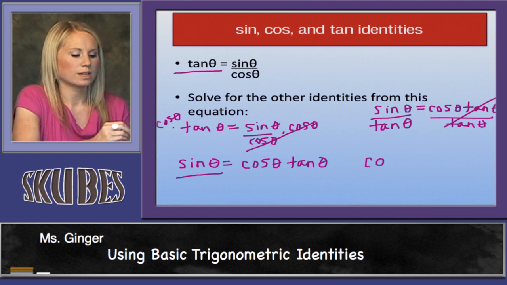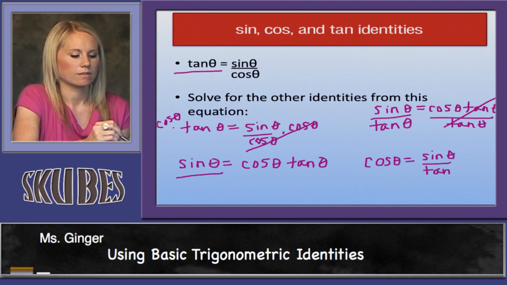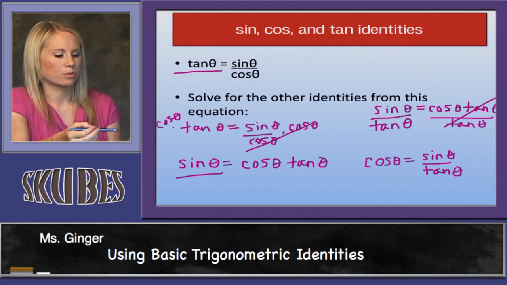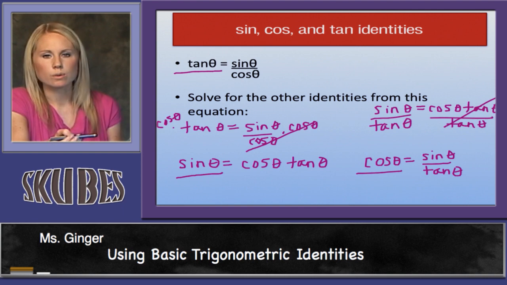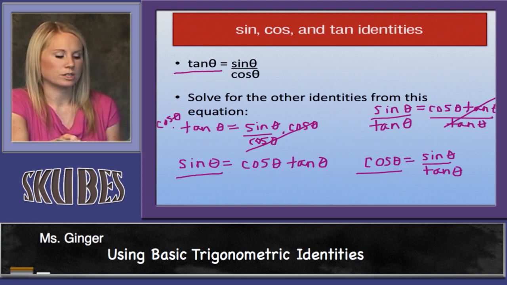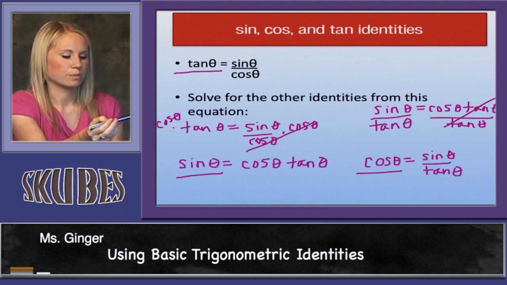So rewriting, cosine theta equals sine theta over tan theta. So we now have really three equivalent identities solved for different pieces.